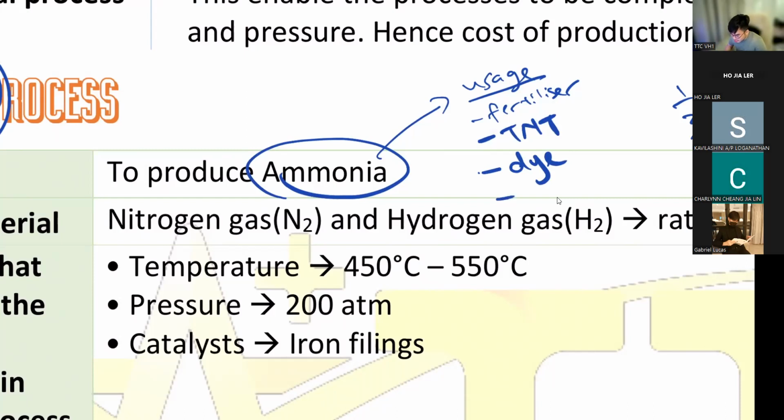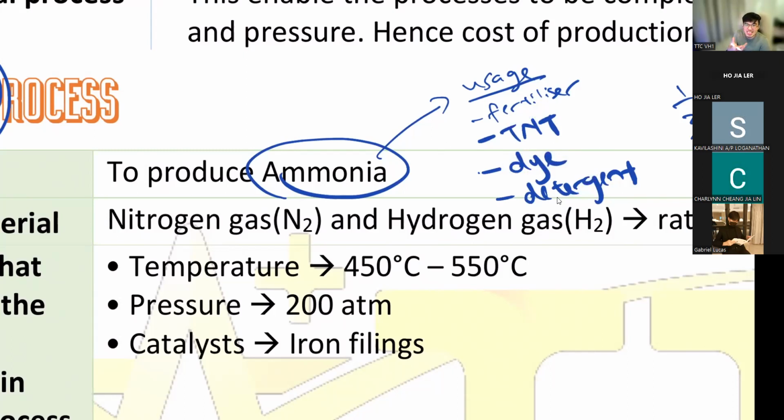What else? You can also use it to make detergent. You know that blue color solution you use to wipe your window, the Mr. Muscle thing? That thing is made from ammonia. And if you smell it, it kind of smells like hair dye. And they both kind of smell like pee, because your pee is ammonia.